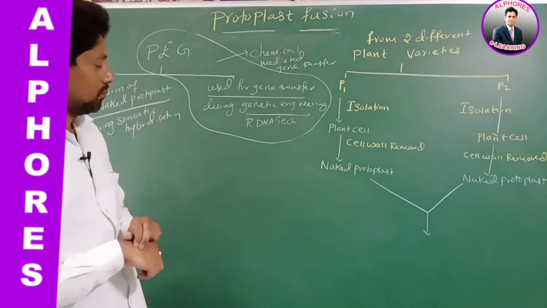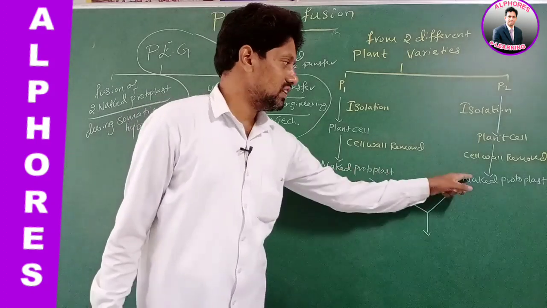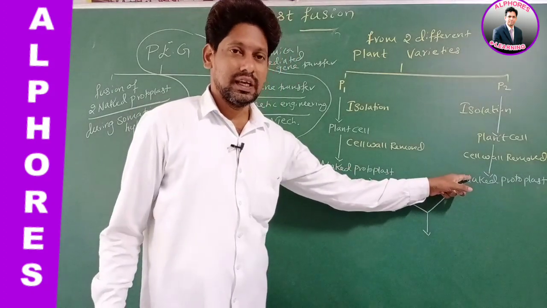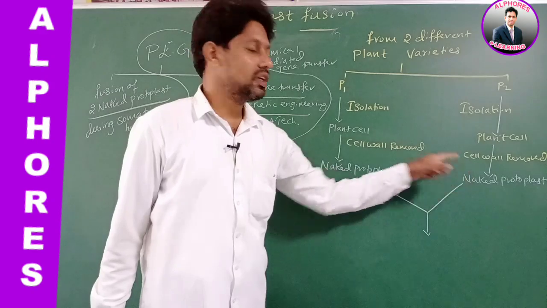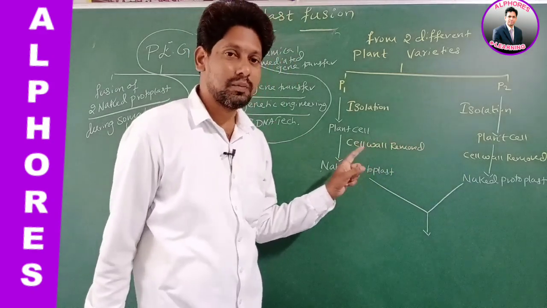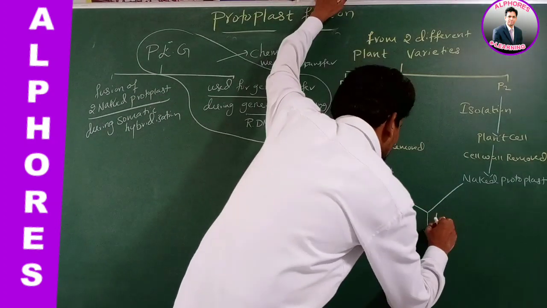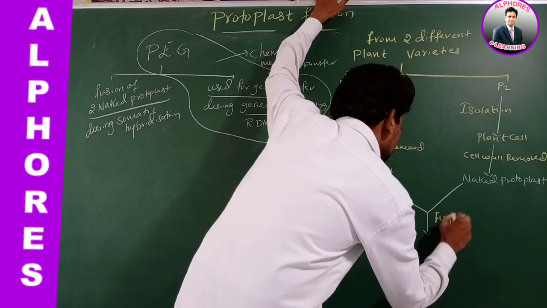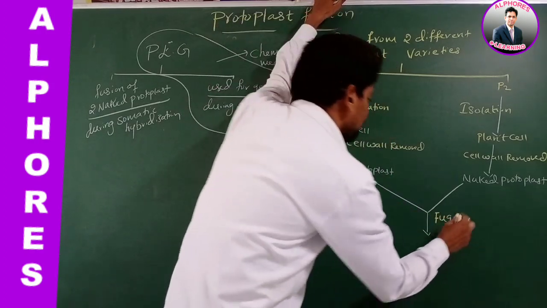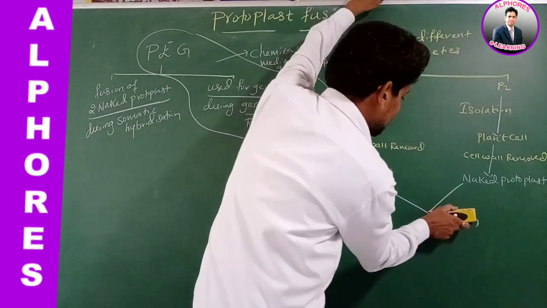Now listen to this statement. A naked protoplast fuses with another naked protoplast. Any substance which is involved in the fusion of these two naked protoplasts, we call a fusogen. What are they called?